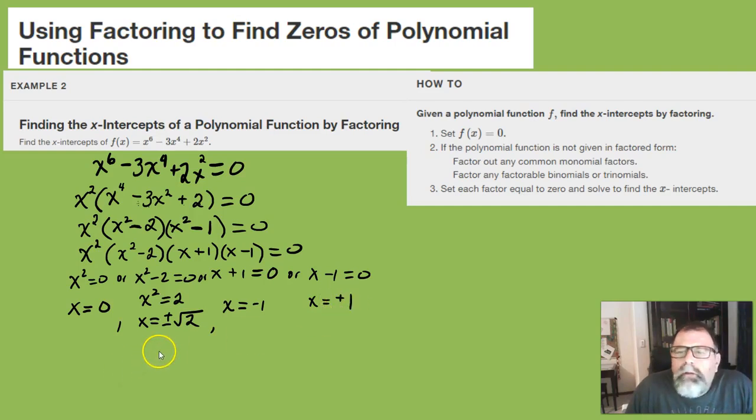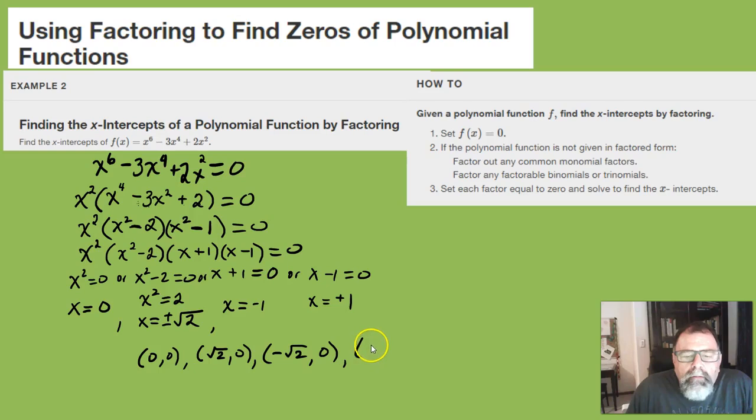So let's see, find the x-intercepts. Our x-intercepts are 0, 0; square root of 2, 0; negative square root of 2, 0; negative 1, 0; and 1, 0.